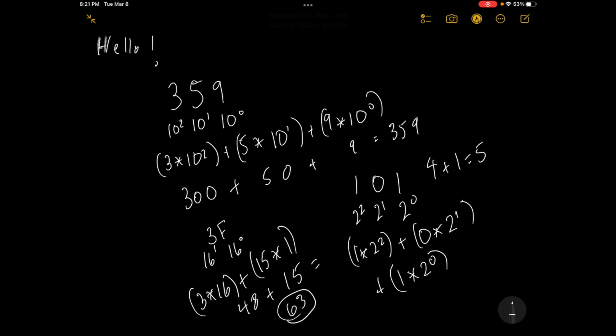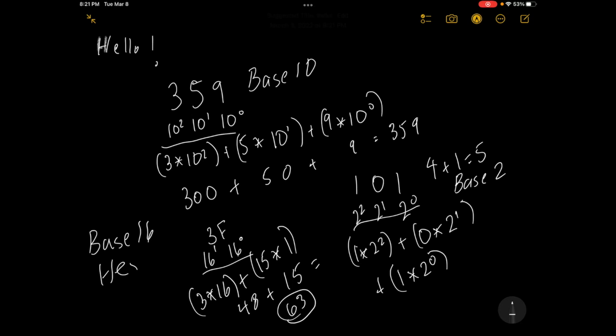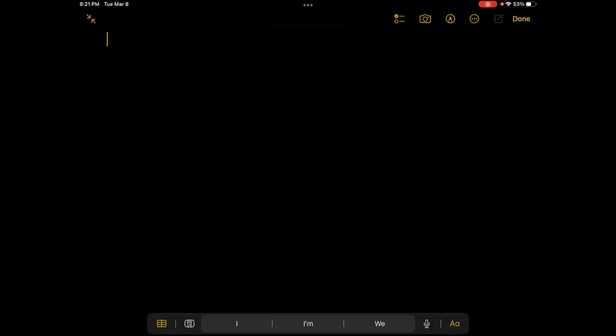Sorry for writing this diagonally, but this is base 10. This is base 2, or binary. And this one right here is base 16, or hex. As a quick refresher, or if you don't know anything about hex, in hex we have 16 digits that we can represent.